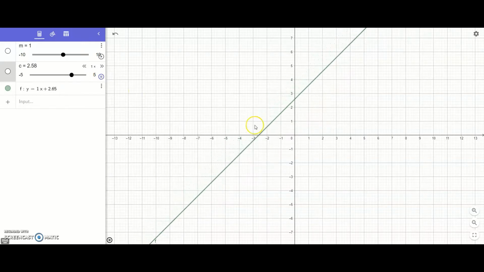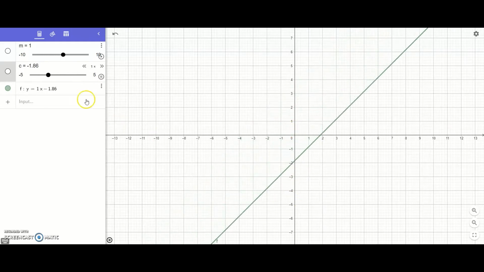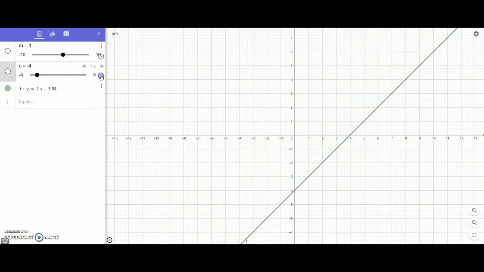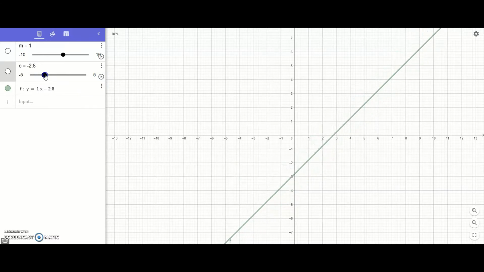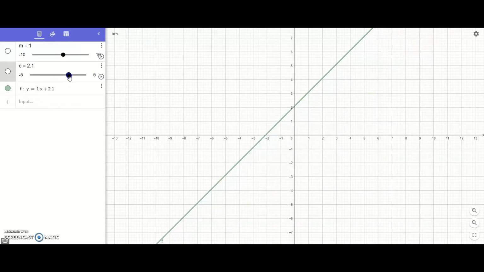We can make it appear at the origin or at negative values over here, wherever we wish. So here we have an equation of y equals x plus 2.